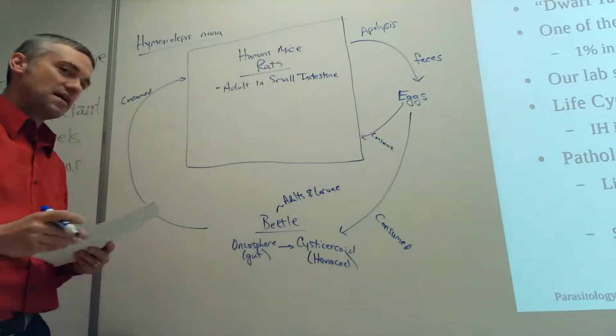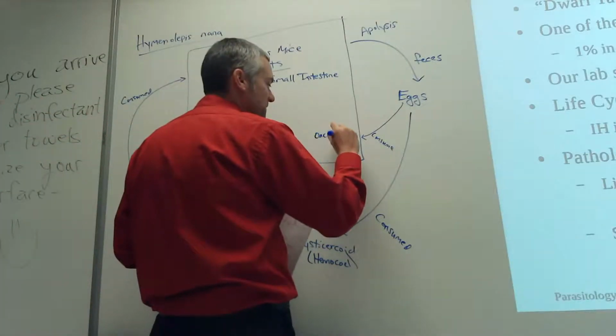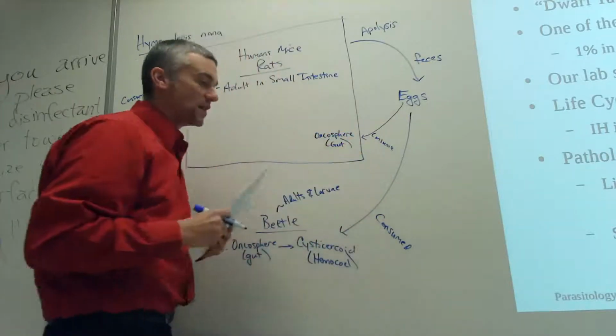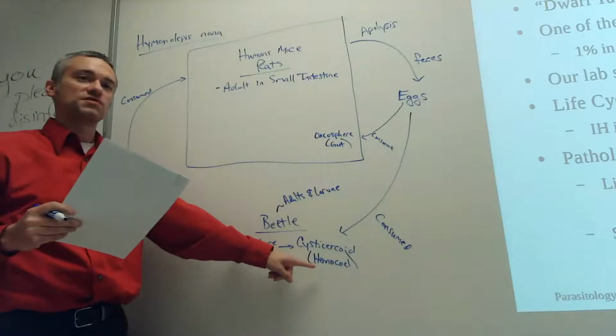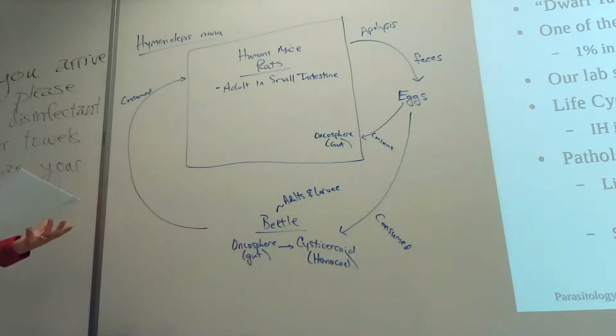And if we consume the eggs, we now have our oncosphere that is in the gut. So the question is, where do these things develop? They have to develop to a cysticercoid. And then the cysticercoid is what develops into the adult. So where does it happen?